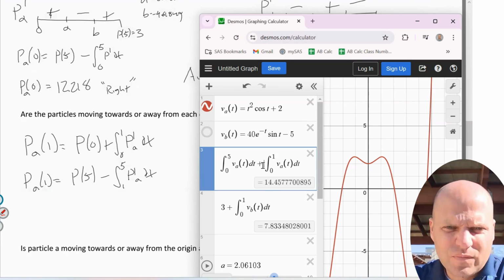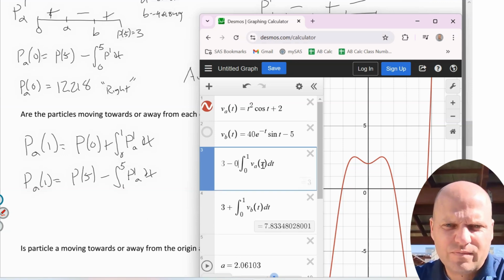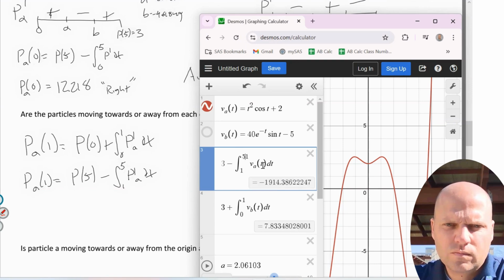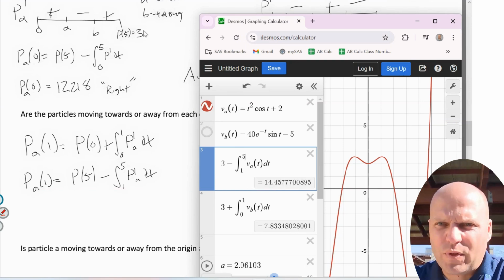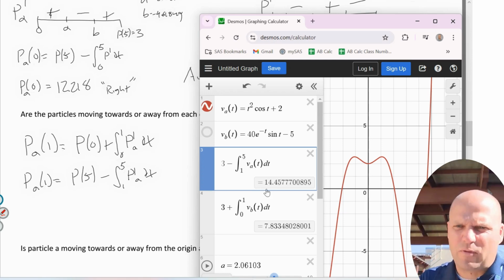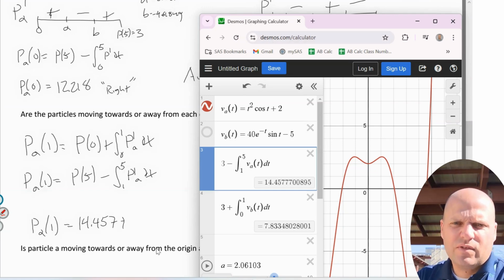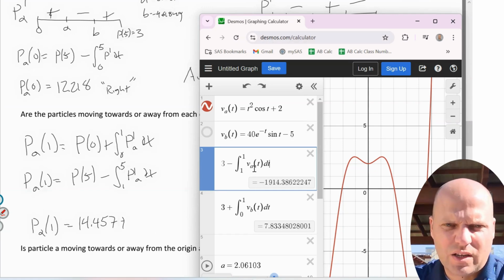Let's try that. Let's go 1 to 5. And we have 3, and then we get that exact same number, 14.4577. So you saw those two different ways to do it.